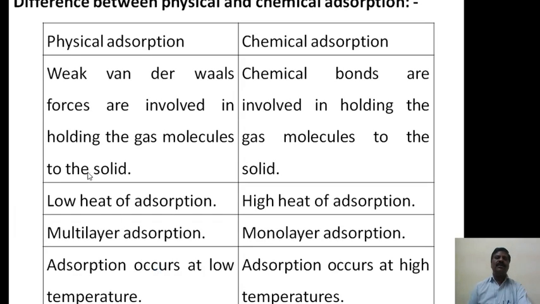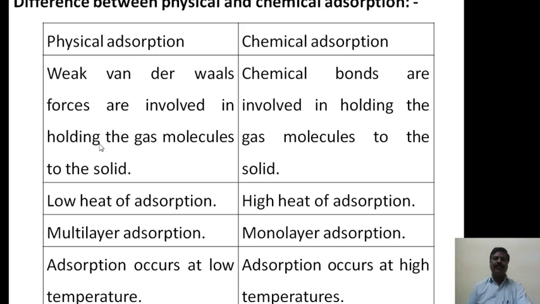Then coming to the differences between physical and chemical adsorption. In physical adsorption, weak van der Waals forces are involved in holding the gas molecules to the solid, whereas in chemical adsorption, chemical bonds are involved in holding the adsorbate and adsorbent molecules on the solid surface.